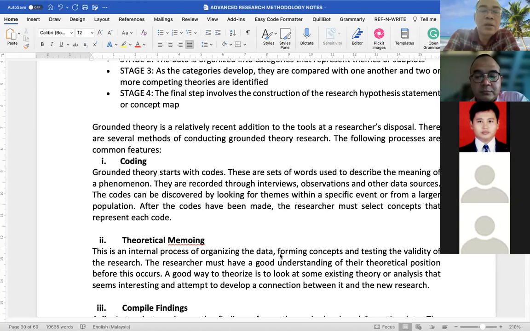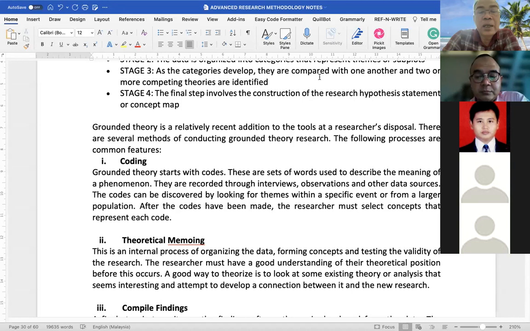So the codes are determined by the data that they obtain. All right. So the data are recorded through interviews, observations, and other data sources. The codes can be discovered by looking for themes within a specific event or from a larger population.